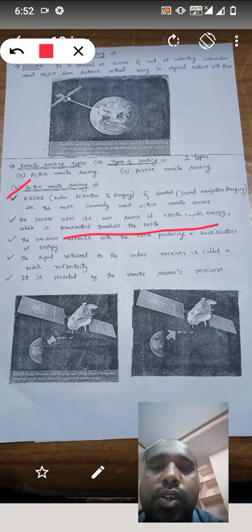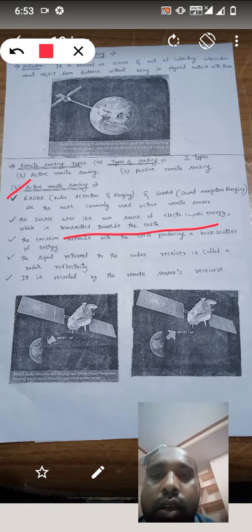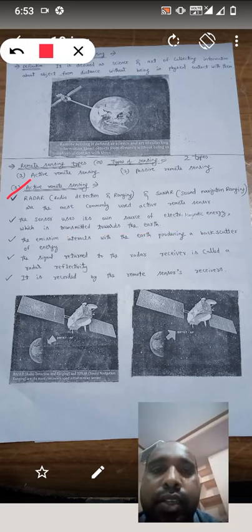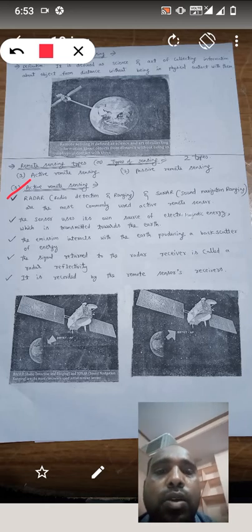The sensor uses its own source of electromagnetic energy, which is transmitted towards the earth. The emission interacts with the earth, producing backscattered energy. The signal returned to the radar receiver is recorded by the remote sensor receiver.